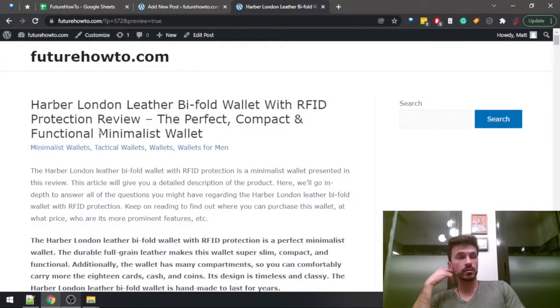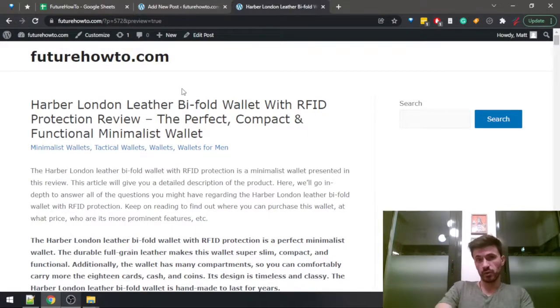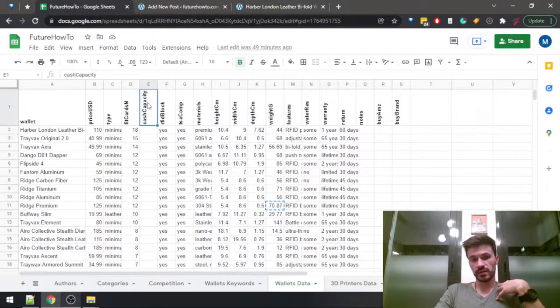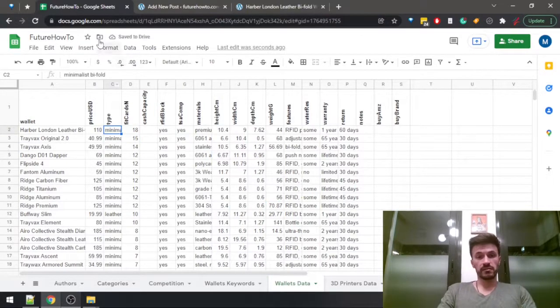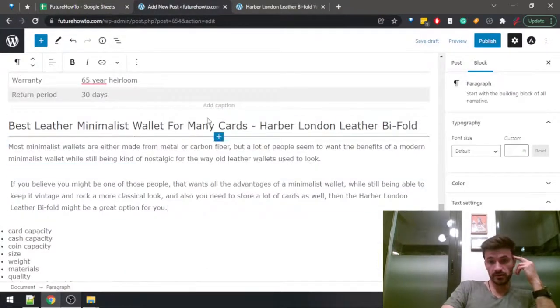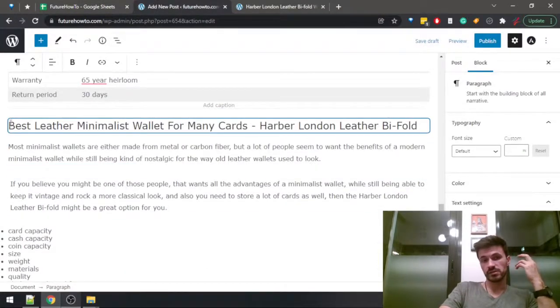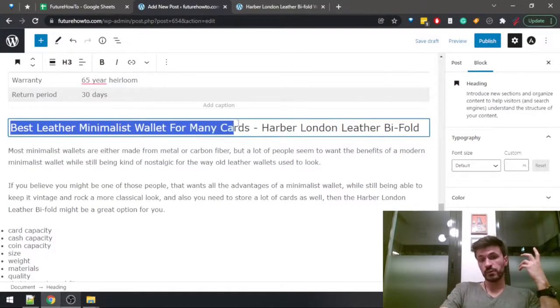So this is also another distinction that I haven't made so far in my reviews that much. This is a bifold wallet, which means you can fold it open. I should probably specify it in the type here. Maybe this is a minimalist bifold. In fact, this might even be a different secondary use case, so we can say best bifold minimalist wallet for many cards.